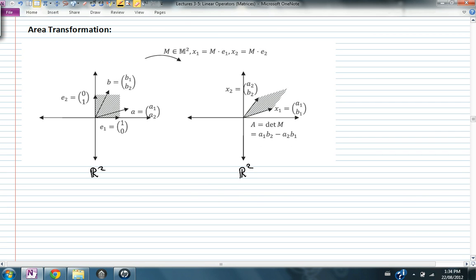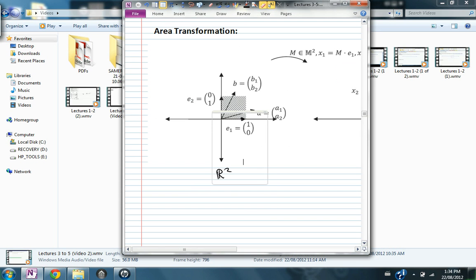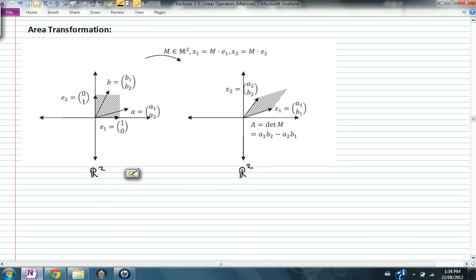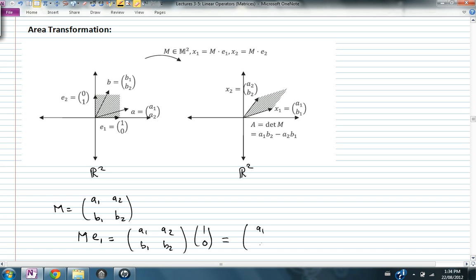If I have the basis vector E1 and the basis vector E2, and my matrix M is made out of A1, A2, B1, B2, then if I multiply M by E1, which is 1, 0, I'm going to get A1, B1, and I'm going to call this vector x1.